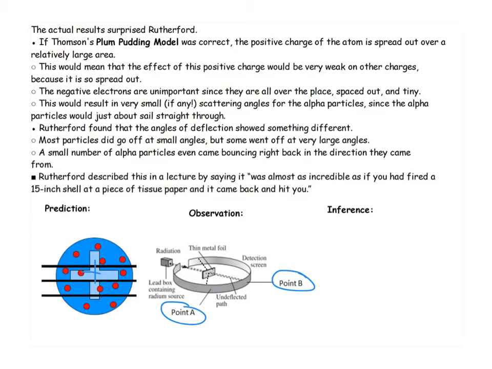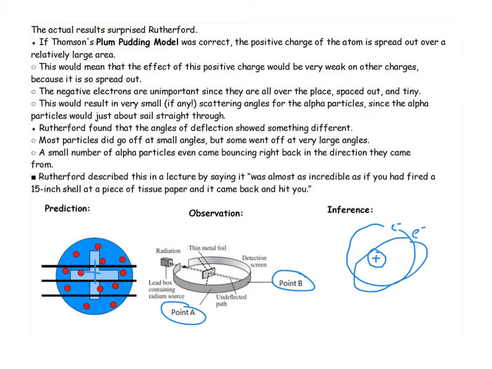From that, he was able to determine that the positive charge was in a relatively small area. So it was very dense and very positive in a small area. So he had discovered the nucleus of the atom. That was what he inferred. So he inferred that these electrons were around it, whizzing around kind of like planets.